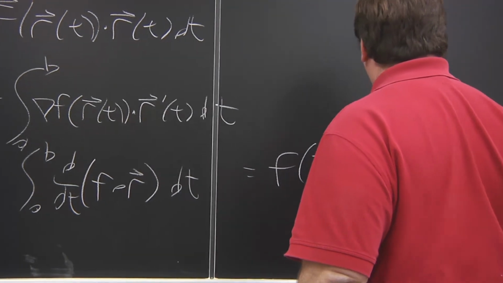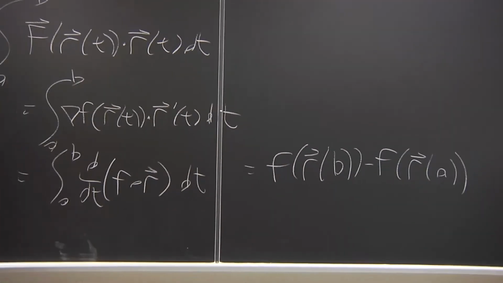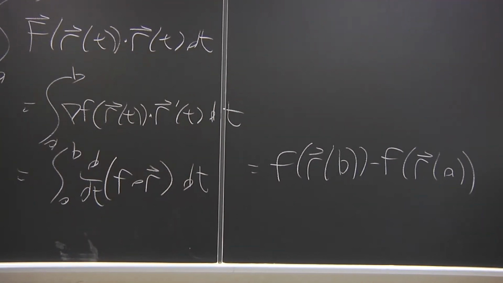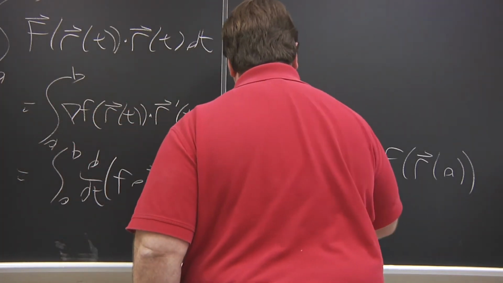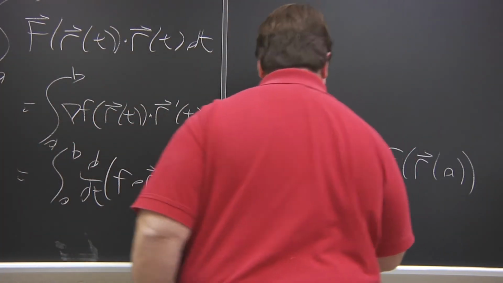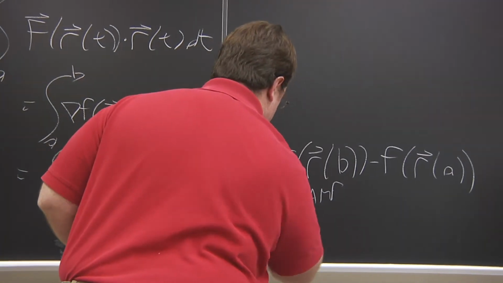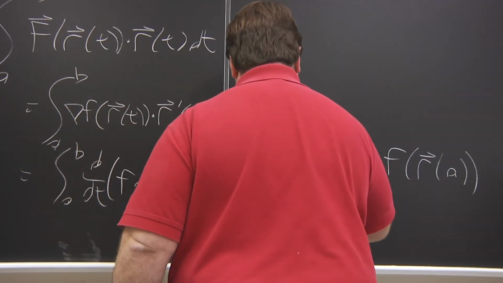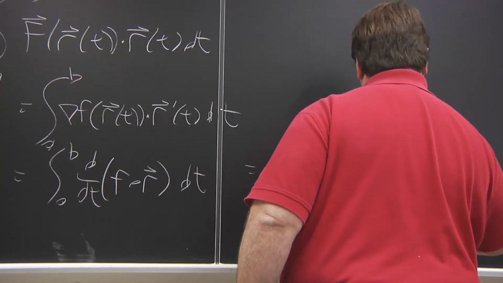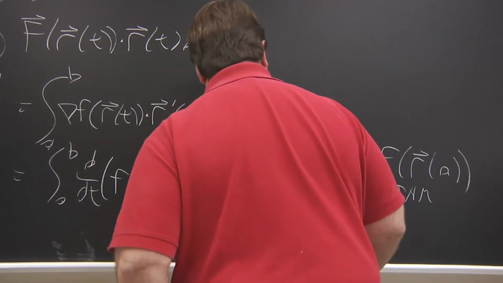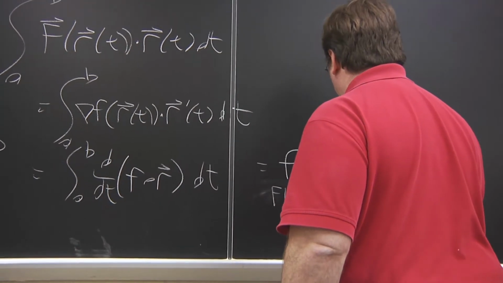So you evaluate your function f at the endpoints, the initial and terminal points of the curve, and that's the integral. This is the fundamental theorem of line integrals, which you can recognize as being much like the fundamental theorem of calculus.